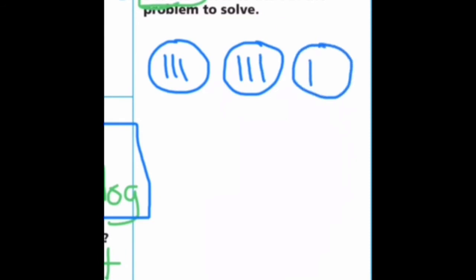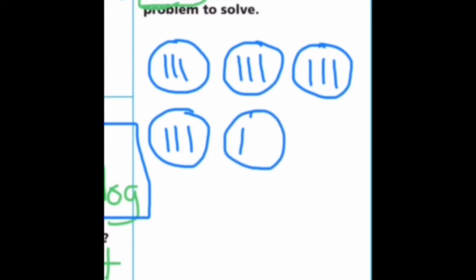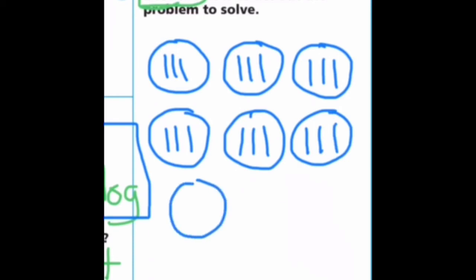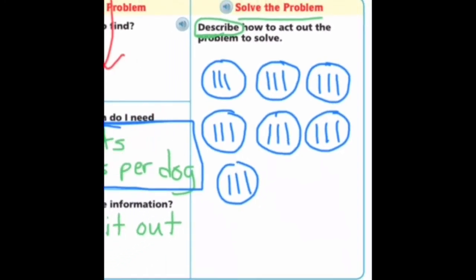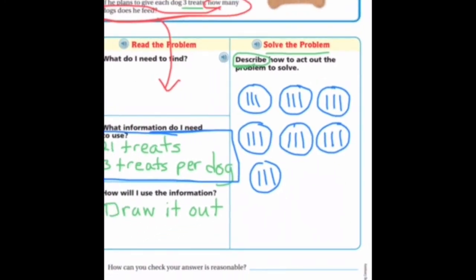Another dog, 7, 8, I'm up to 9 treats so far. Not 21 though. 10, 11, 12. Another dog, 13, 14, 15. Another dog, 16, 17, 18. Another dog, 19, 20, 21. I hit 21 treats total. Okay.